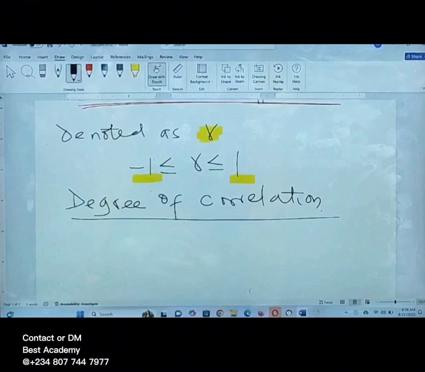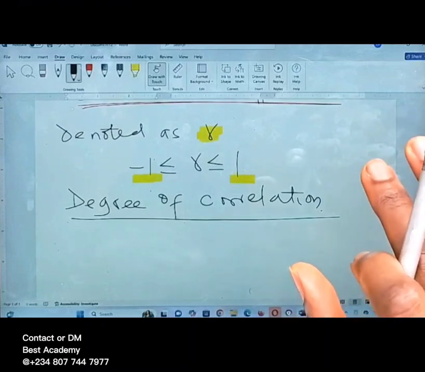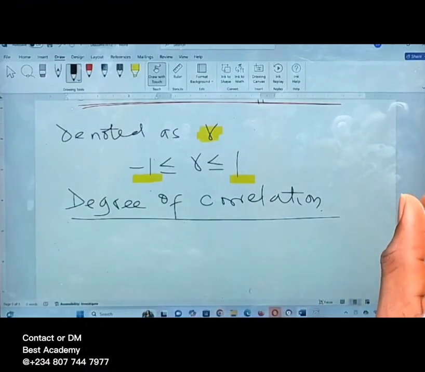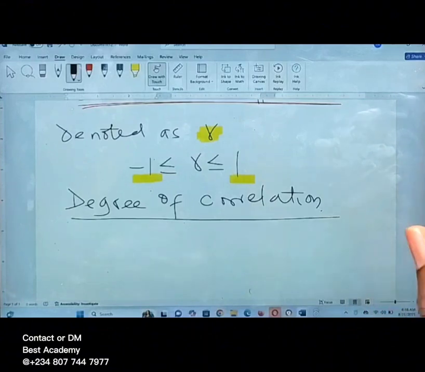The degree of correlation will enable us to interpret correlation coefficients. Please listen carefully.